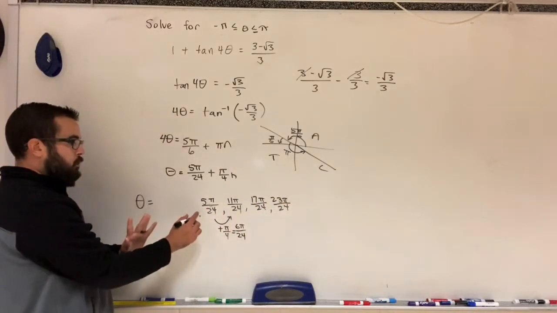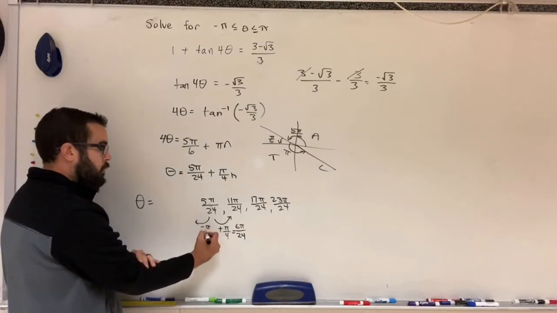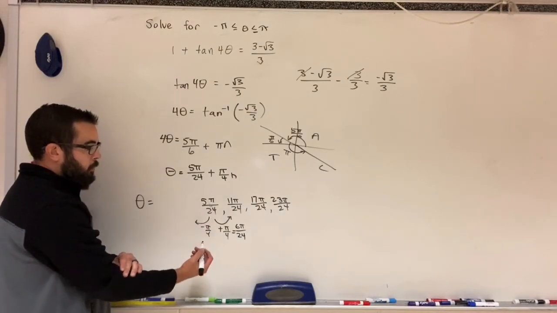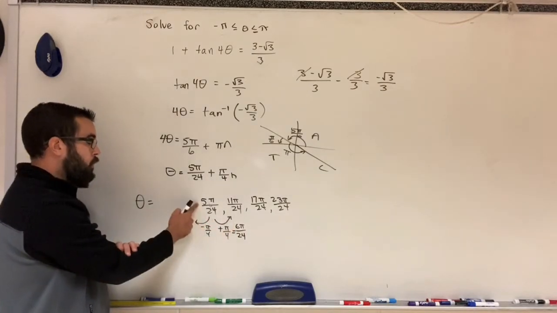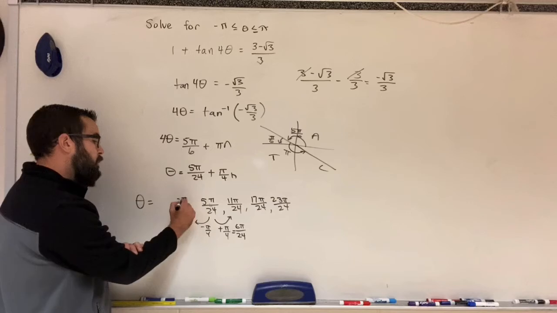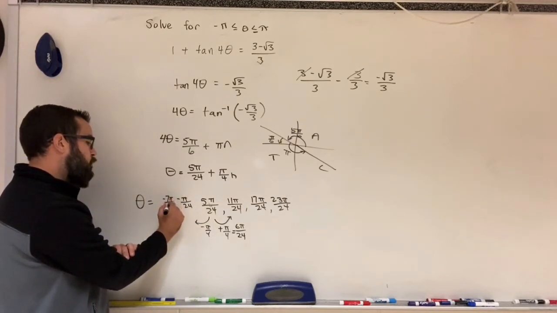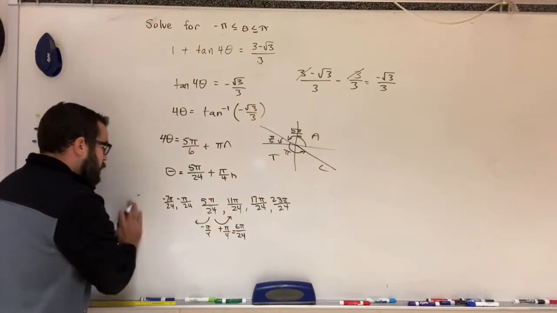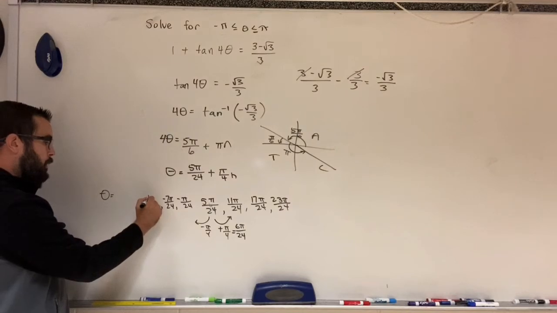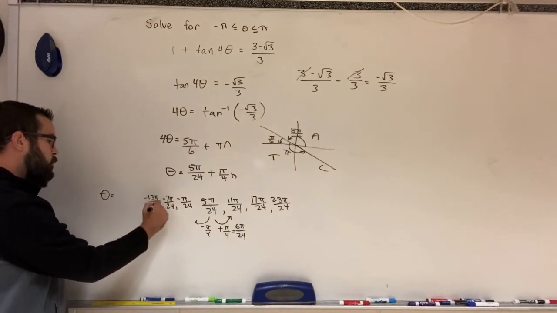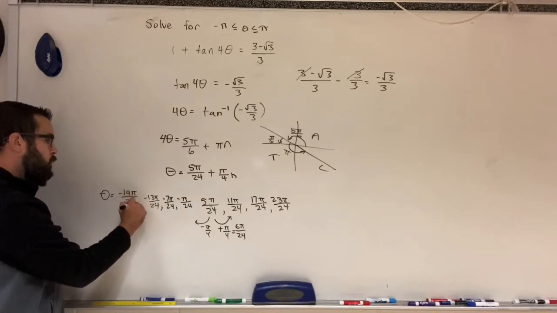Now let's figure out our solutions to the left. If I'm going that way, I'm going to subtract pi over 4, or subtract 6 pi over 24. So I'm going to get negative pi over 24, then negative 7 pi over 24, then negative 13 pi over 24, then negative 19 pi over 24.